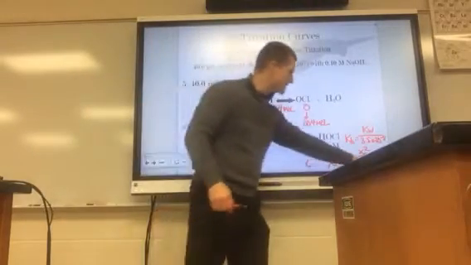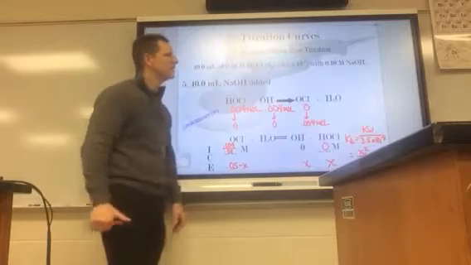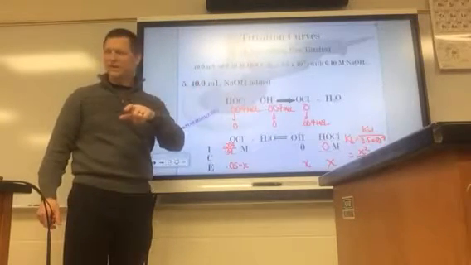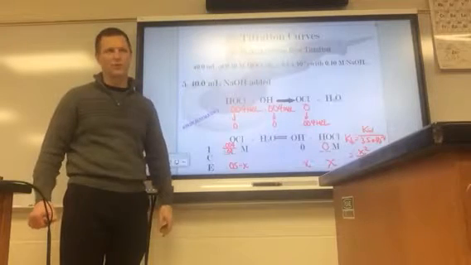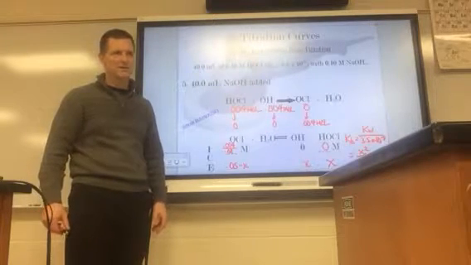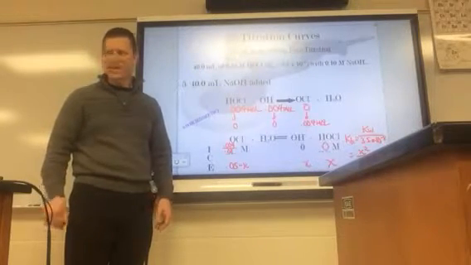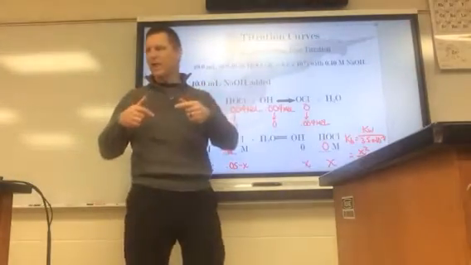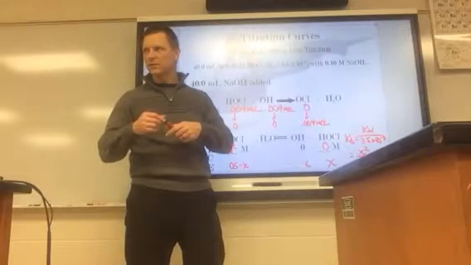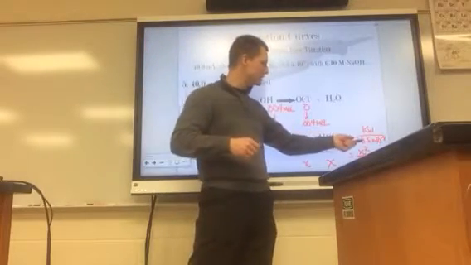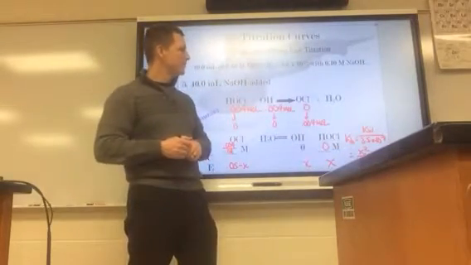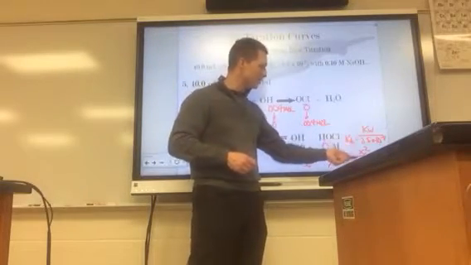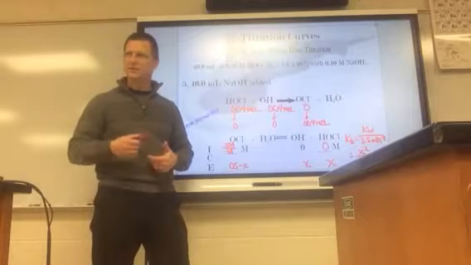So neglect that minus x term and solve for x. That's going to give us the hydroxide concentration. Take the negative log to get pOH and then subtract from 14. There's a lot of steps there. Well, Kb is Kw divided by Ka. And we know what the Ka is from up there. So when you get that Kb value, set it equal to x squared over 0.05 minus x.